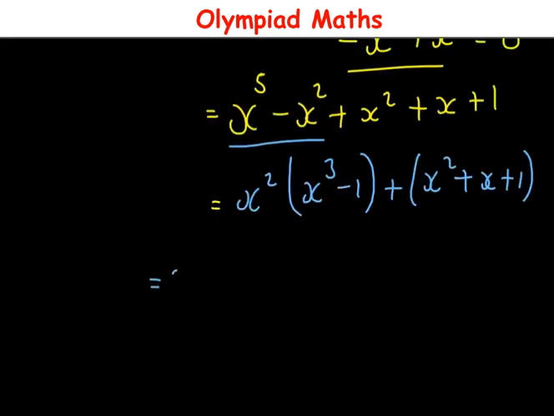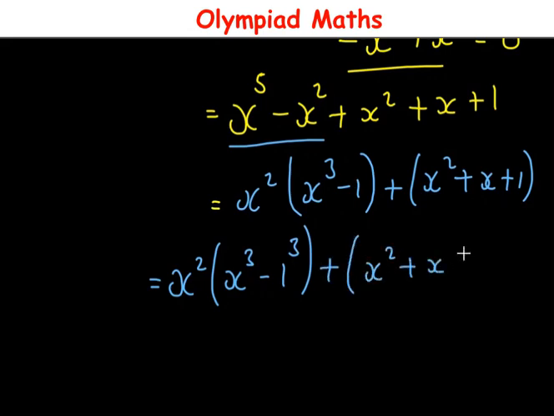This then equals x^2 into bracket x^3 minus, this one can be written as 1^3 because it still has the value 1, then plus (x^2 + x + 1).